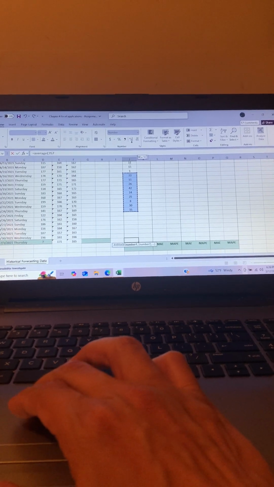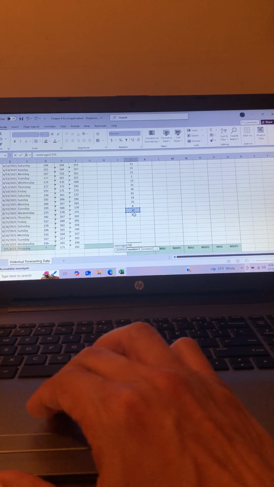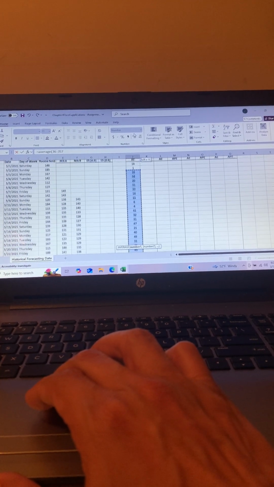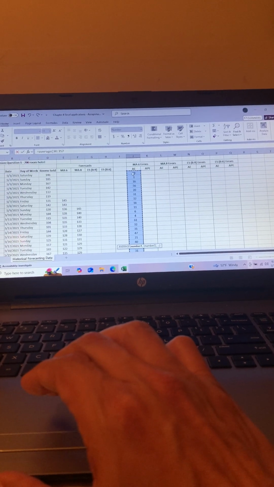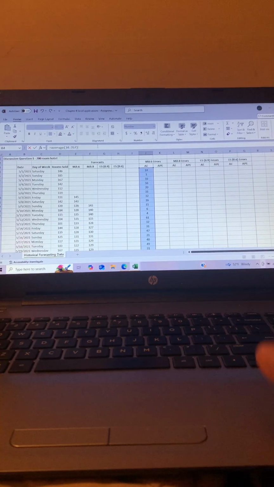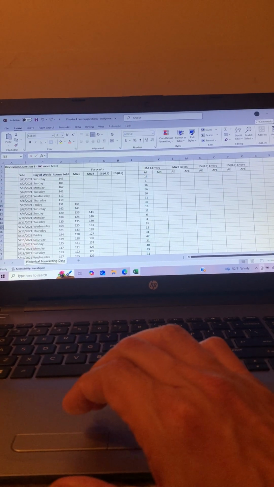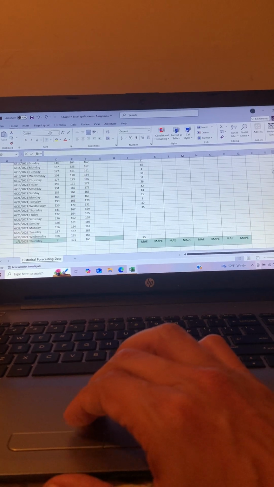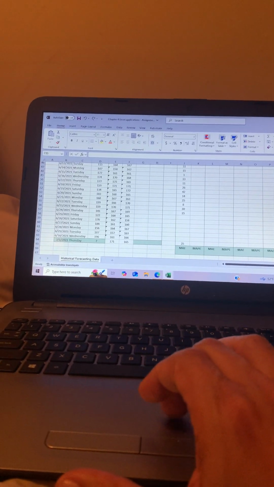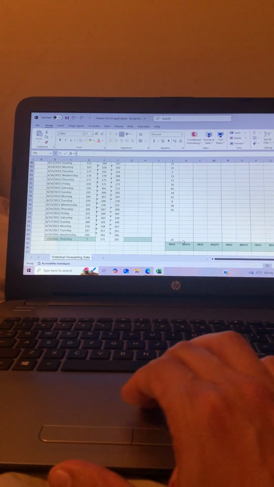I start from the bottom. And then parentheses. That should be what we get on our MAE error. So we have an average of 25 days.